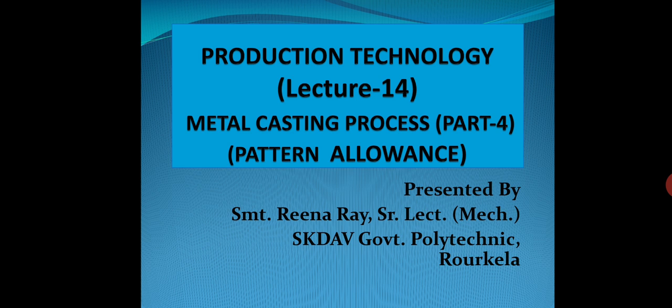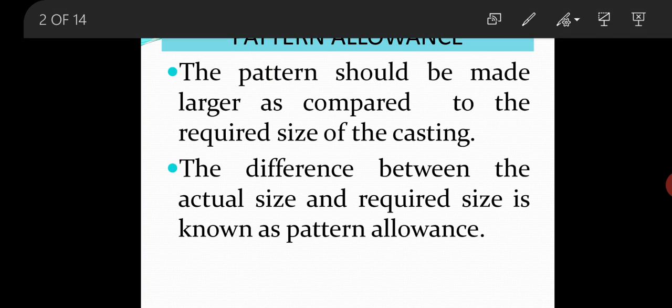Here certain casting defects are avoided and certain dimensional accuracies are provided by giving pattern allowances. So, what is a pattern allowance? The pattern is the replica of the required object.